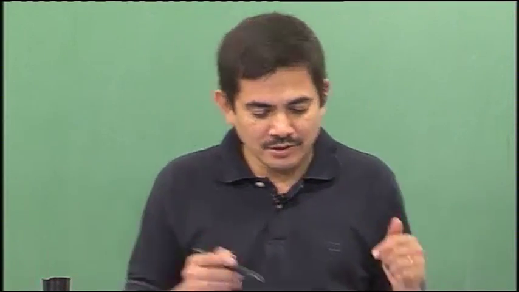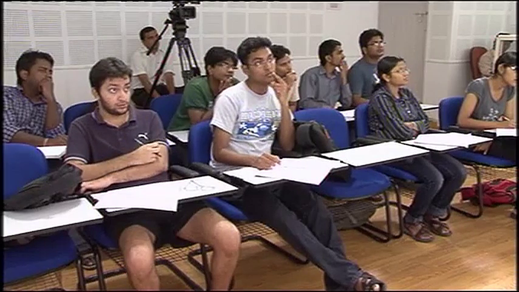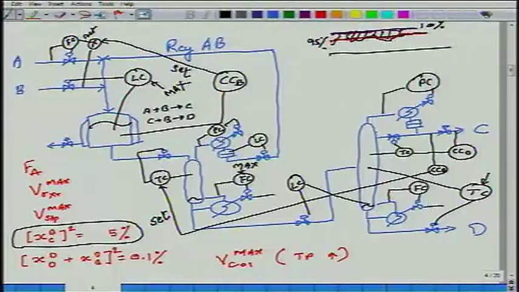I don't know if I have done everything. So now this level remains. How do I control this level? You can't not control it. By the way, what is accumulating at the bottom of this column? C and D. Where are C and D getting produced?